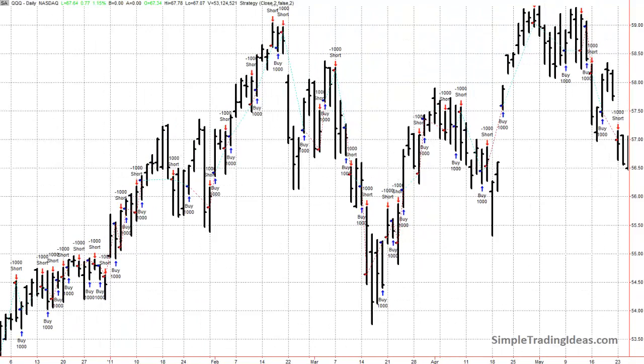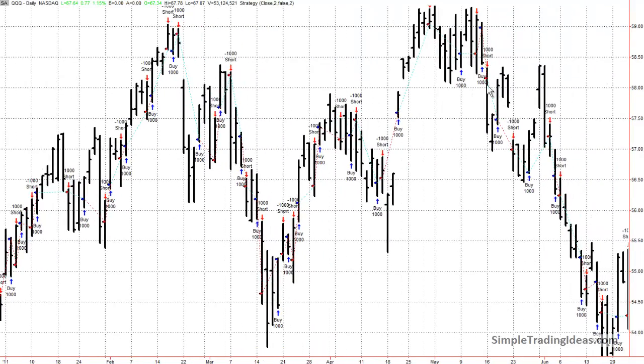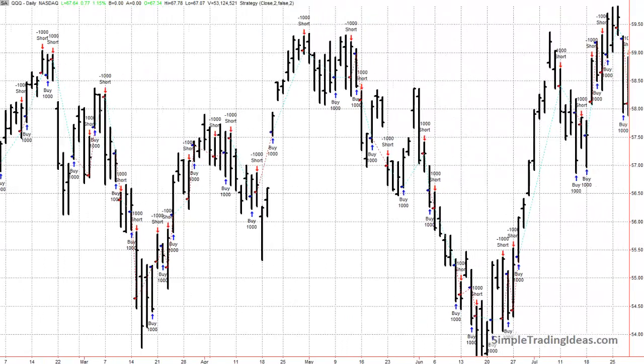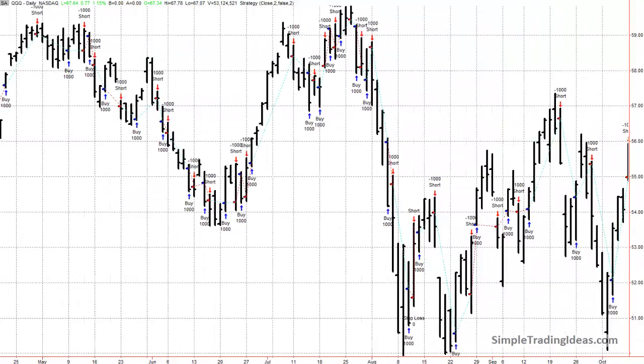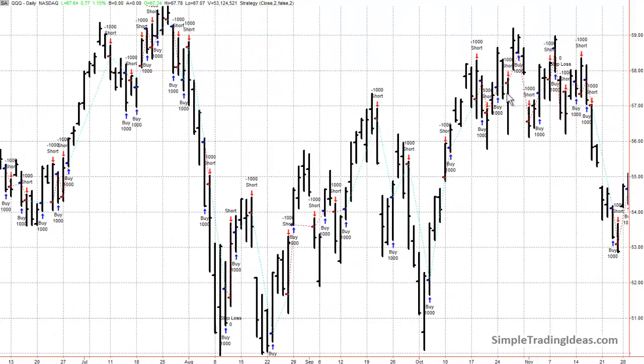It's a 2-day moving average in this daily chart. What you see in areas here are traditionally the types of areas where trend following systems, such as moving average systems, have difficulty, and that is in periods when the market is consolidating.